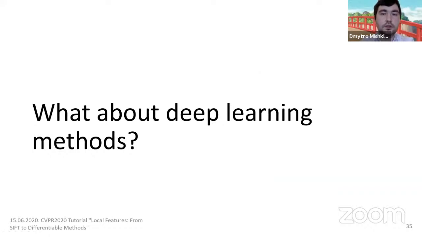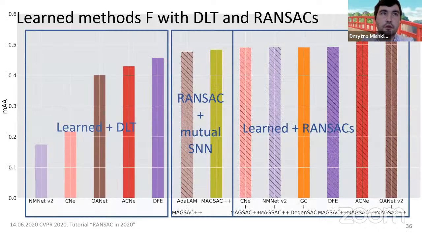And what about deep learning methods, which were mentioned in the previous talk? If you believe what is stated in the paper, with such filtering methods you don't even need RANSAC. Well, it's not true, because good RANSAC with a classical threshold is still better. But if you combine the deep learned methods with RANSAC, you have a pretty decent boost in accuracy.